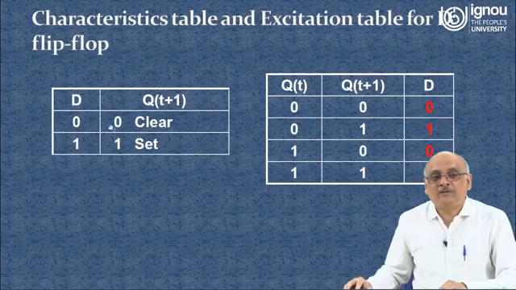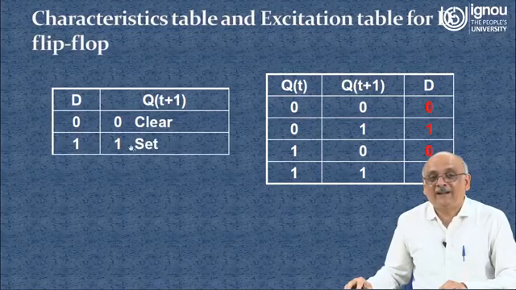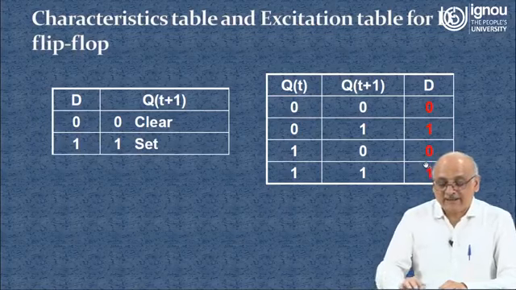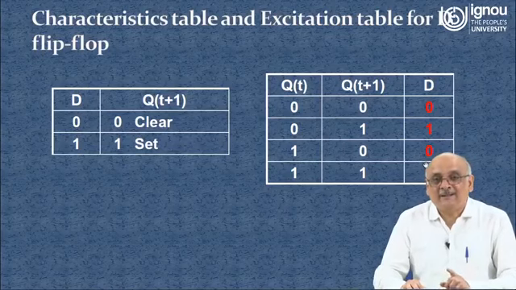If 1 has to go to 0, that transition will take place when we apply D as 0, which makes the flip-flop go into the clear state. And if you want to stay from 1 to 1, D has to be 1, only then is the output going to be 1. That is what is represented as the state in this particular case. Study it further. This is a very interesting case.